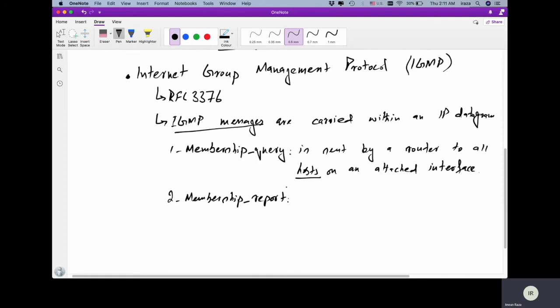The membership report message, by the way, can also be generated by a host when an application first joins a multicast group without waiting for a membership query message from the router. So this membership report is either generated in response to the membership query from a router, or it can be generated without waiting for a membership query from the router in case the application first joins a multicast group.